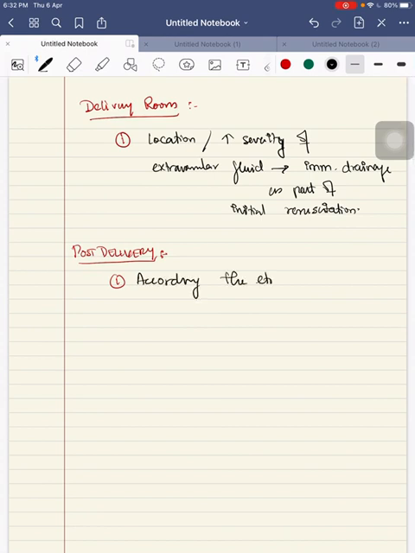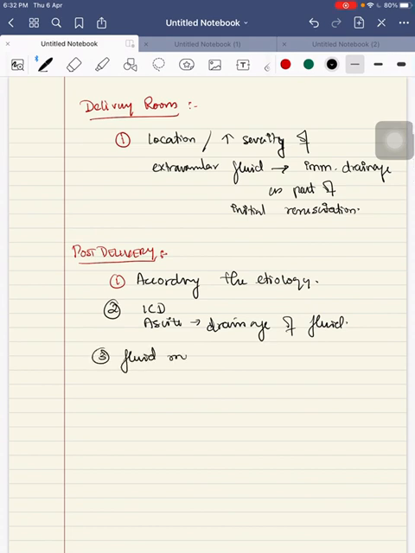Then post delivery, you are managing according to the etiology. If the child has a pleural effusion, chylothorax or hydrothorax, then you give an ICD. If it is ascites, then you drain the extra fluid. Third, fluid management.